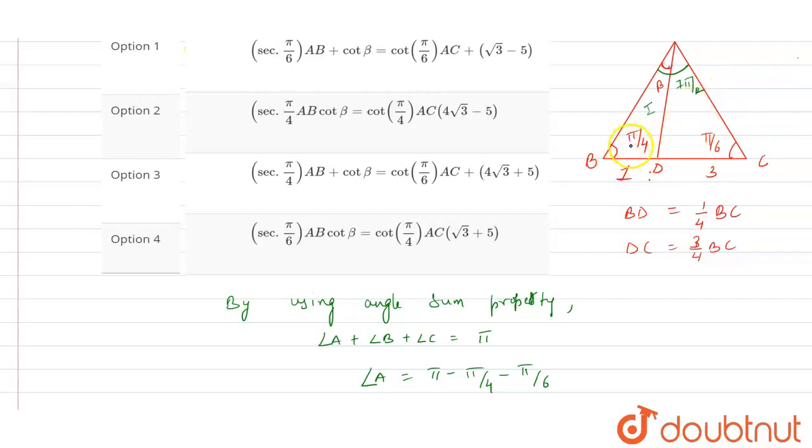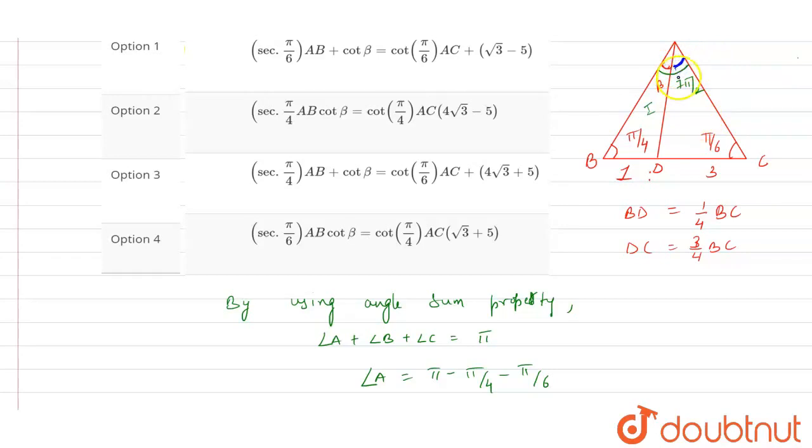This angle is angle B, and the opposite side for that is AD. Similarly, if I need to apply the sine rule in triangle ADC, how can we write? We'll write this angle.